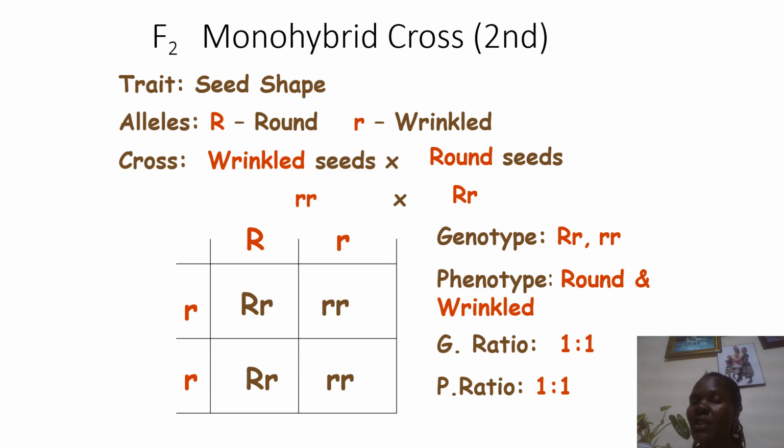When it is in the heterozygous, the recessive allele is not going to be expressed. Whatever is going to be expressed is the allele responsible for dominance, in this case round. So capital R, small r will show the characteristic of the dominant allele, while where both are homozygous recessive, it will express the allele responsible for recessiveness.